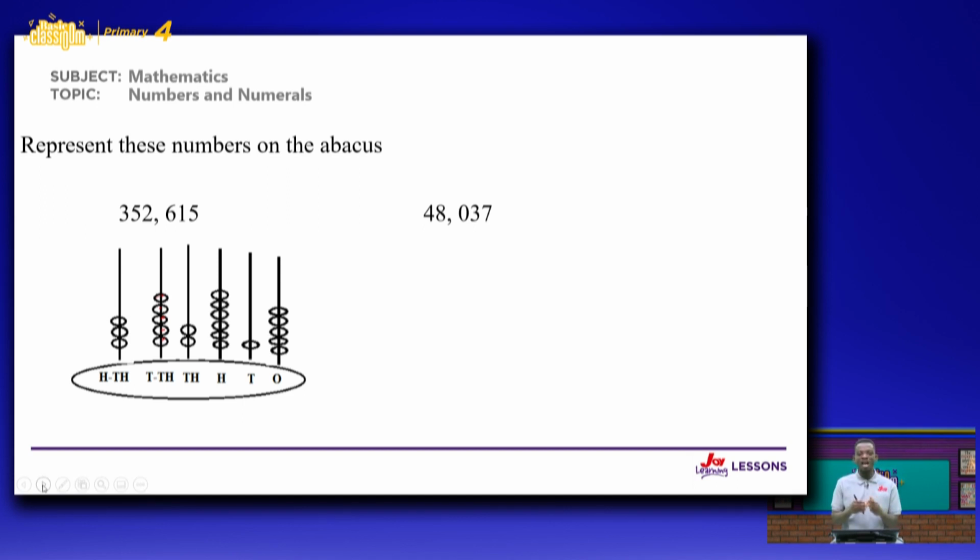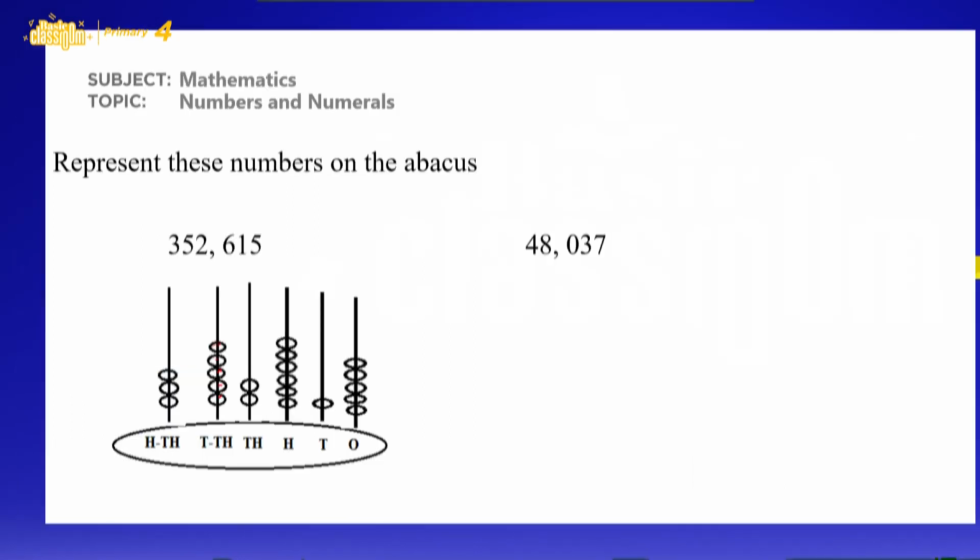So when we use the abacus to represent this number, we have 5 on the ones, 1 on the tens, 6 on the hundreds, 2 on the thousands, 5 on the tens of thousands, and 3 on the hundreds of thousands. Now let us move on.